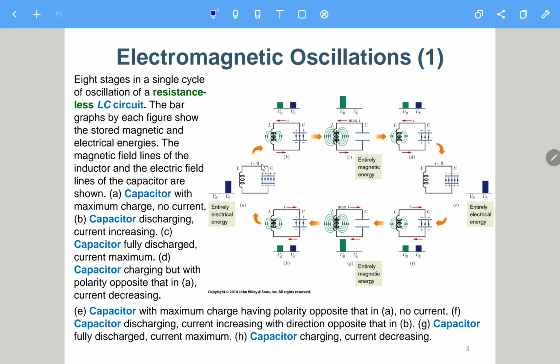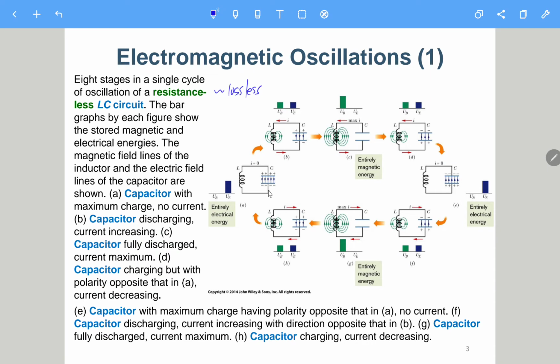We don't have a resistance here, because this one is more simple. It's simpler because it doesn't have any loss. Resistanceless means lossless. We don't have any power loss in this system. So with this assumption, this circuit will oscillate forever.